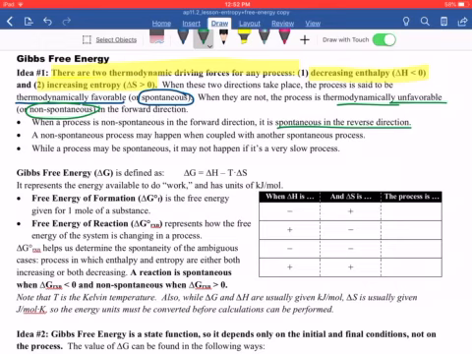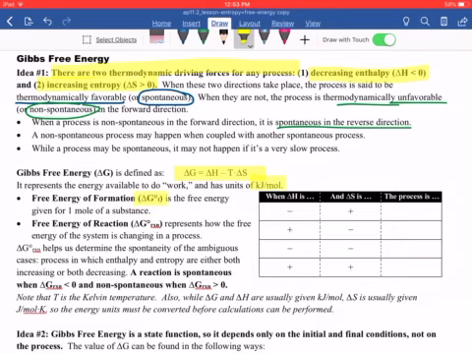All right. Gibbs free energy, delta G, is defined as the following equation. We have delta G equals delta H minus the temperature, which is T, times the change in entropy, delta S. It represents the energy available to do work, and it has units of kilojoules per mole. The free energy of formation, which is the standard delta G, right?